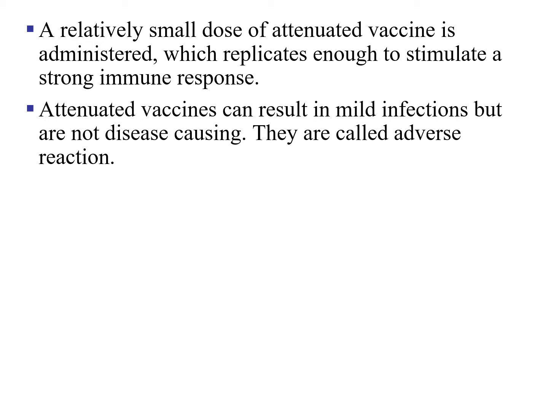Your immune system will attack this attenuated virus. So the attenuated virus can result in a mild infection, but not the actual disease. These mild reactions or mild infections are called adverse reactions.